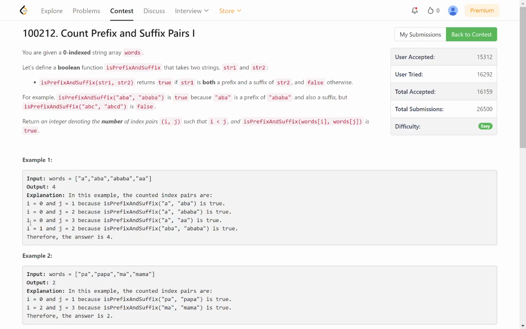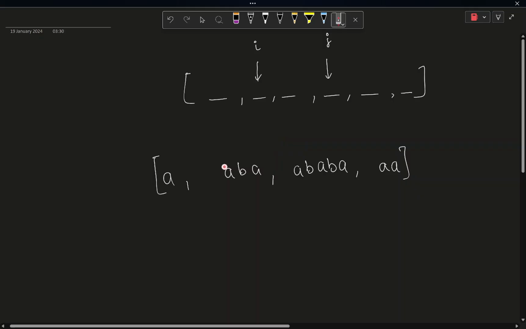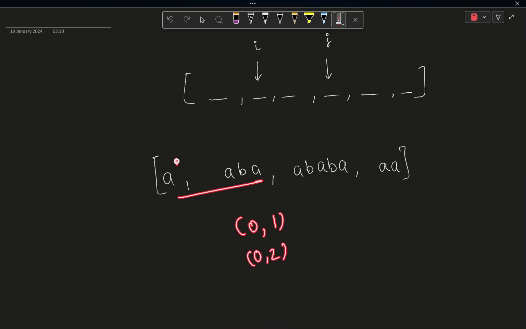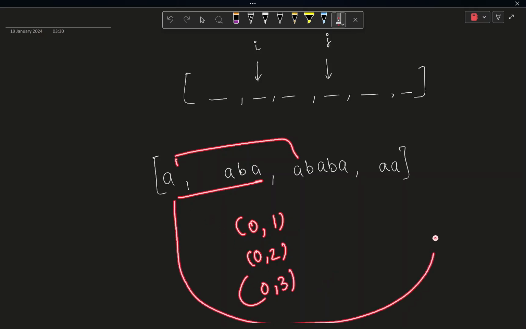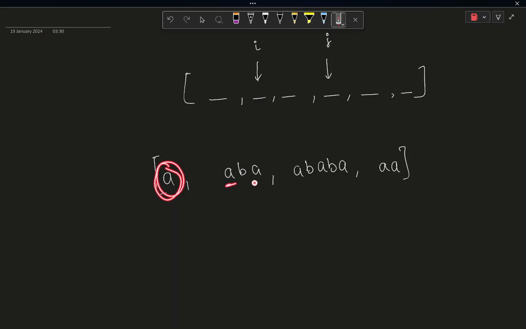For i equal to 0, there are three pairs: 0 comma 1, this pair, 0 comma 2, that is this pair, and 0 comma 3, that is this pair, where this A is coming as both the prefix and the suffix in the given string.